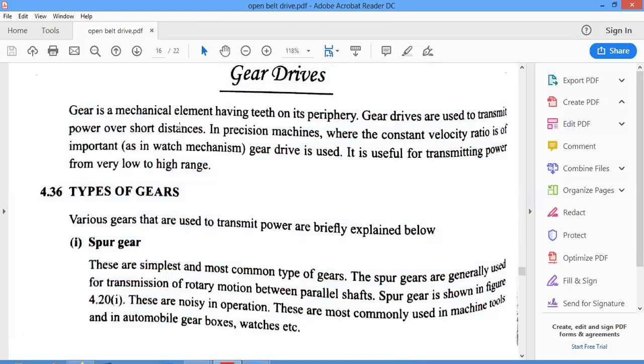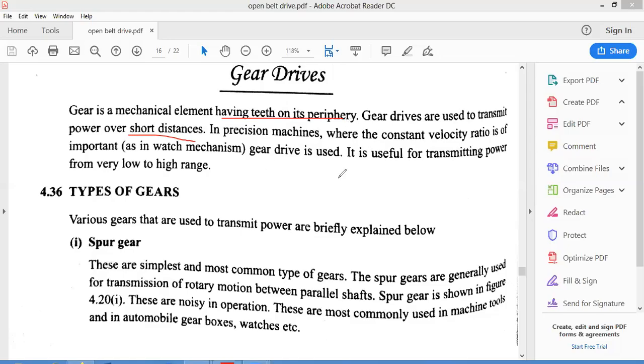Okay, so a gear is a mechanical element having teeth on its periphery. Gear drives are used to transmit power for short distances. Of course, we can vary the speed and increase the velocity ratio, just like belt drives.